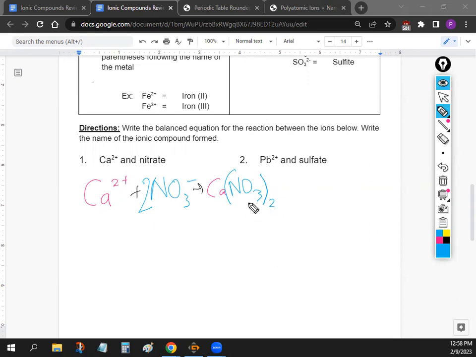So take about 20 seconds and make sure you have that copied. Any questions about that one?